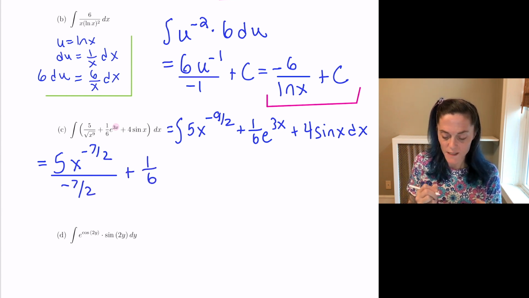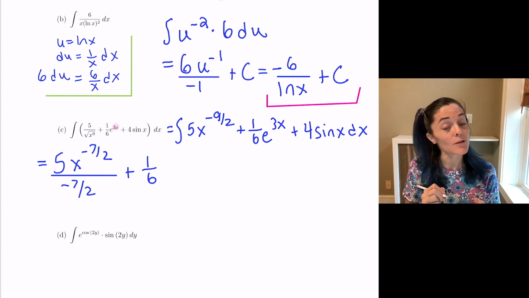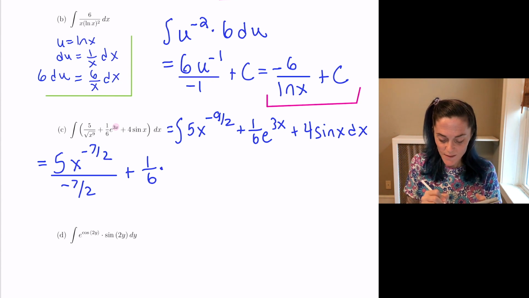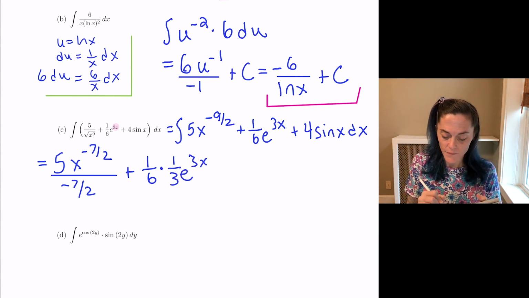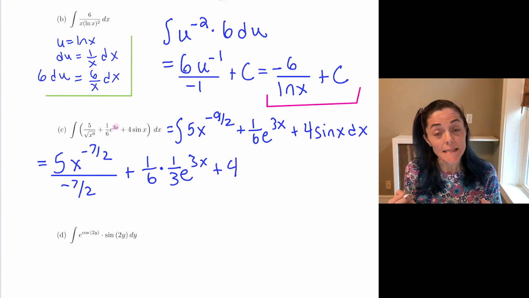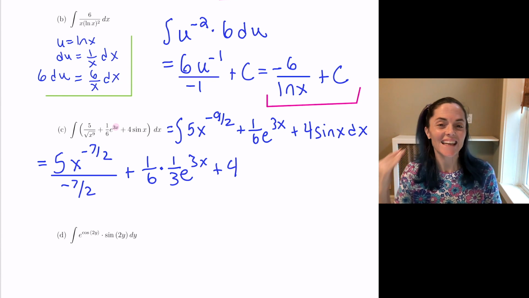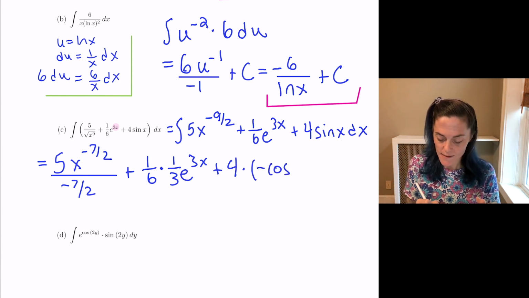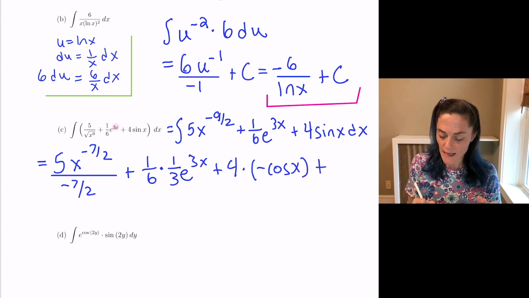Write down the coefficient. We integrate e to the 3x. We have a 1 over 3, e to the 3x. So times 1 over 3, e to the 3x. We write down the coefficient. When we integrate sine, we get negative cosine. So times negative cosine x plus c.